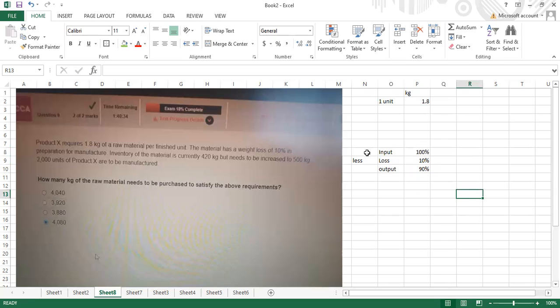Whatever amount you input, that would be your 100%, and then 10 is your loss, so 90 would be the output. All right. So inventory of the material is currently 420 kg but needs to be increased to 500.